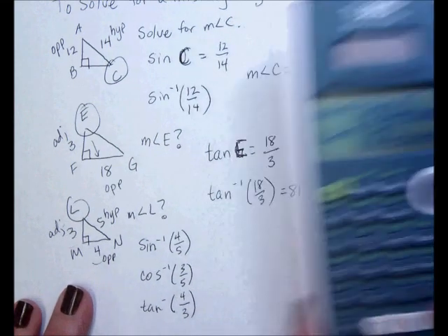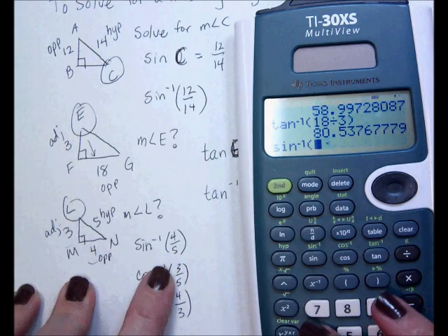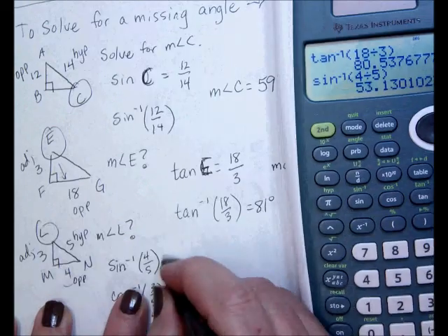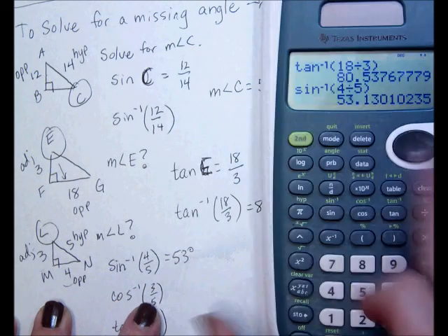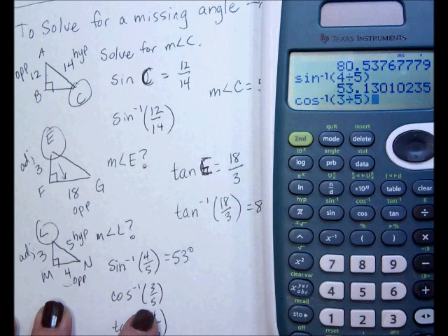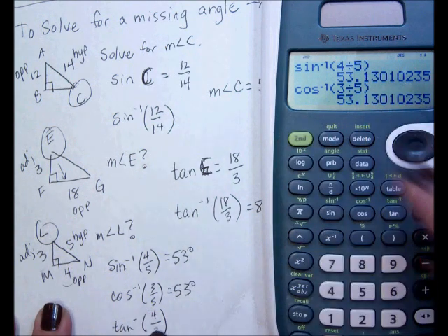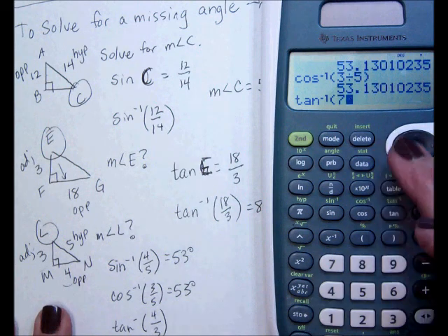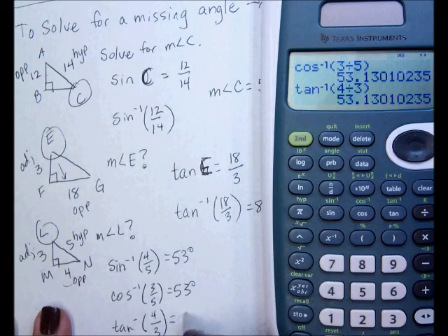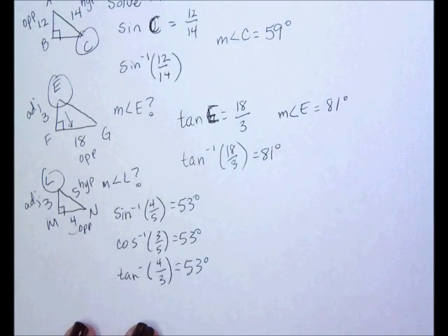So if you plug these into your calculator, inverse sine of 4 divided by 5, 53 degrees. If I do inverse cosine of 3 divided by 5, 53 degrees. And then I do inverse tan of 4 divided by 3, 53 degrees. So it shouldn't have changed. It's always the exact same measure.